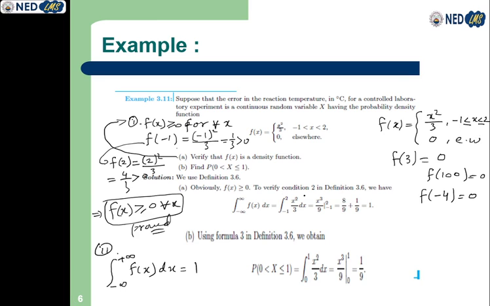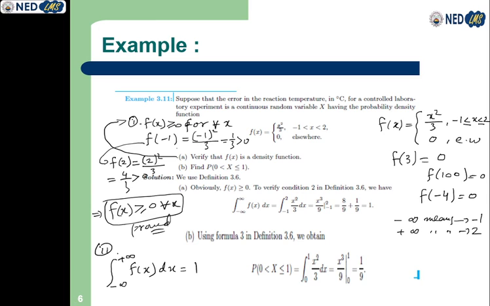So minus infinity means the lower limit of our given function, -1, and plus infinity means the upper limit, which is 2. Minus infinity means the lower limit and plus infinity means the upper limit of any given function.